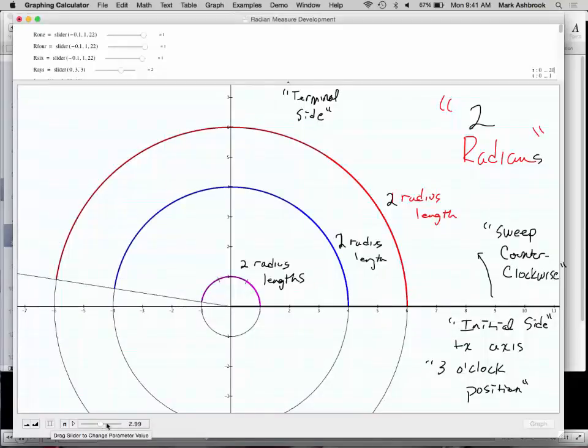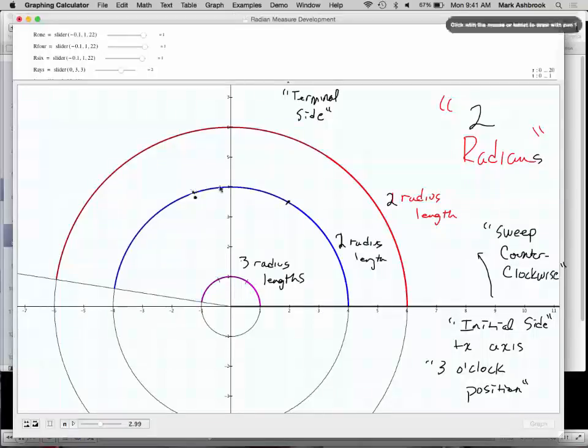Now I'm showing you, if you look on the smallest circle there, there's 1. There's 2. Now 1 more. So this is how many radius lengths? 3 radius lengths on all 3 circles, right? So on the blue circle, the radius is longer, but it still takes you to the same relative positions on the circle.